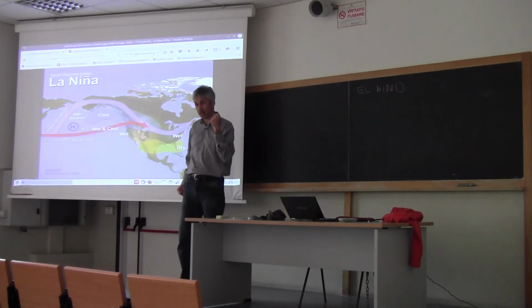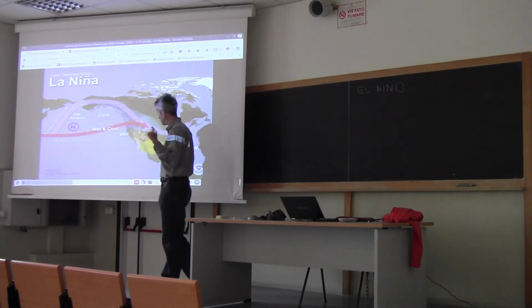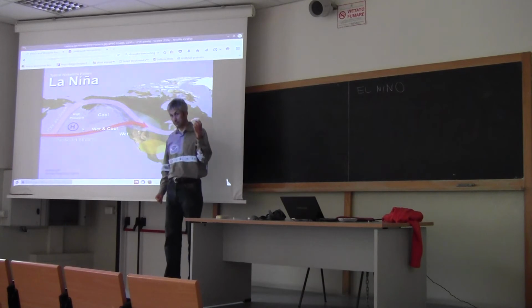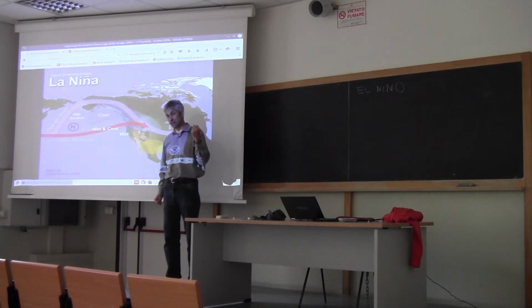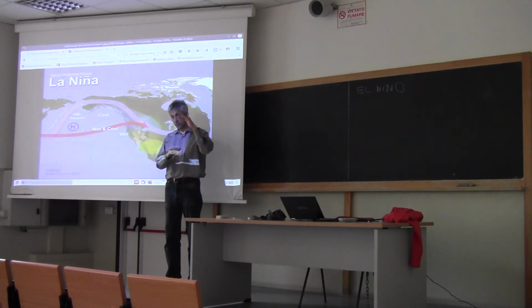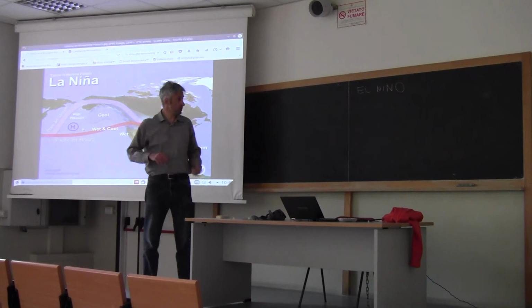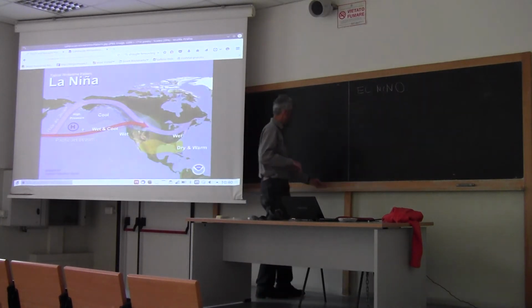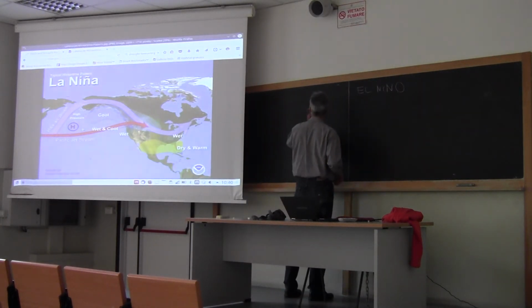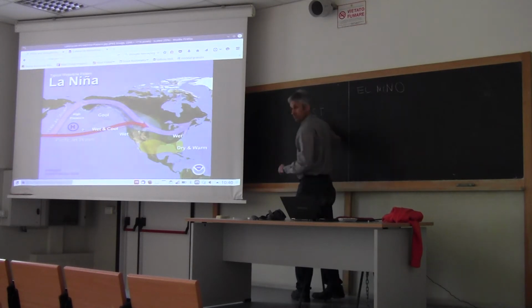So it's higher than usual surface water temperature in the Eastern Pacific. So close to the surface, you have what is called SST, which is sea surface temperature.